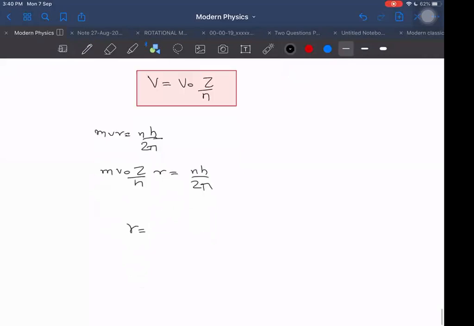What is r? R is equal to, in this, r is n square in fact. Wait a second. R becomes equal to n square h upon z m v.